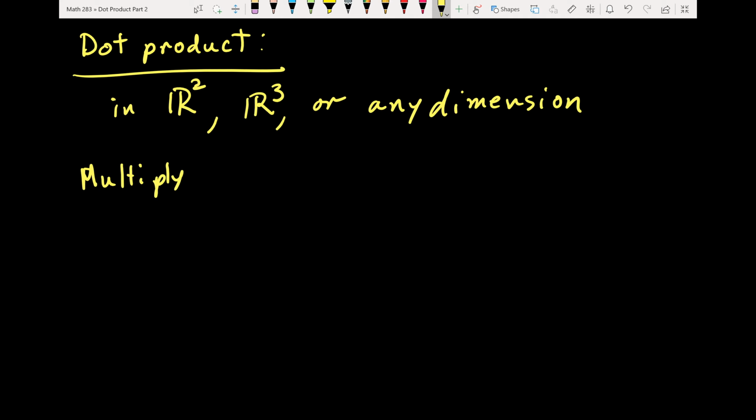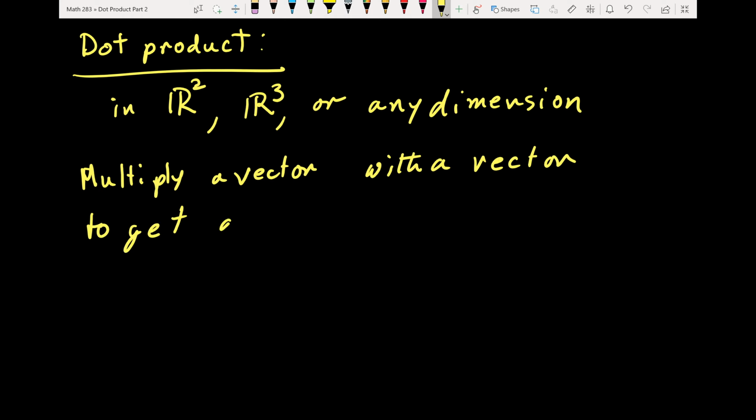Multiply a vector with a vector to get a scalar.